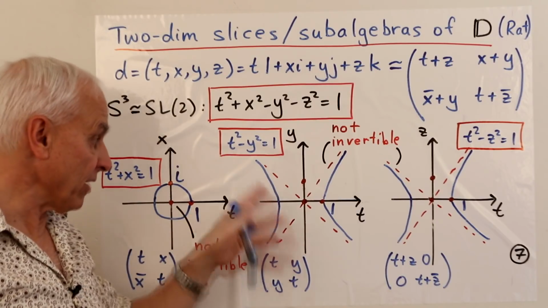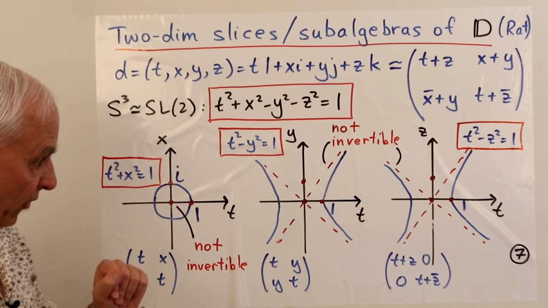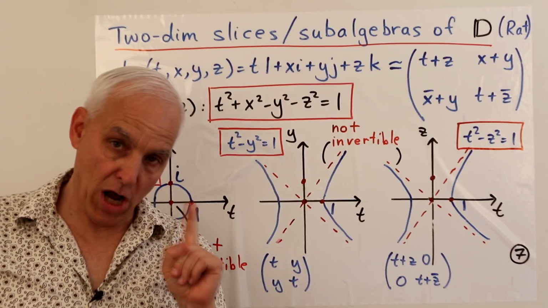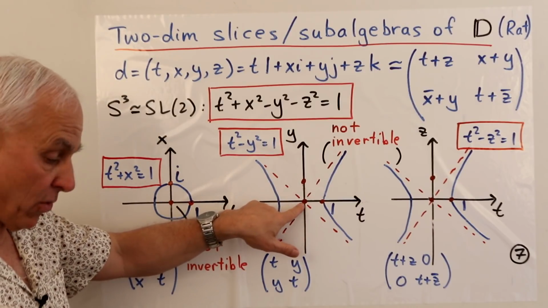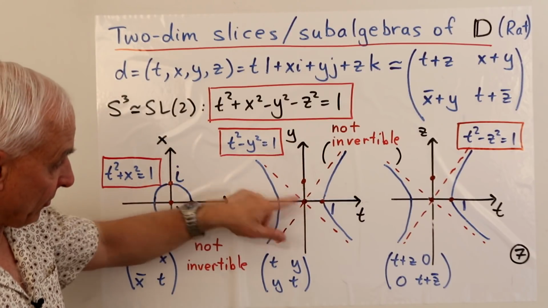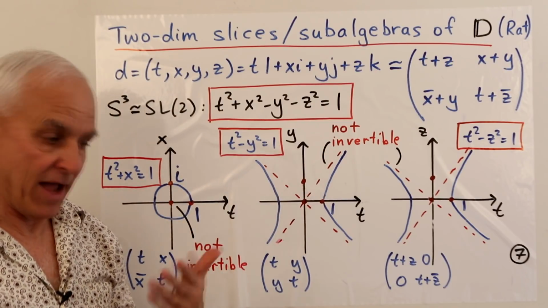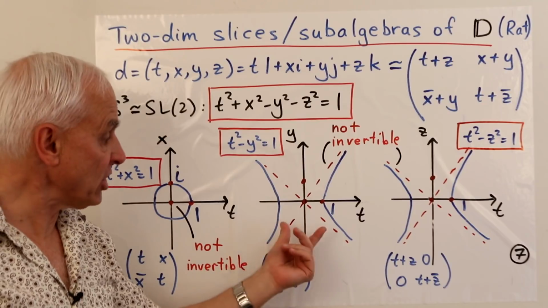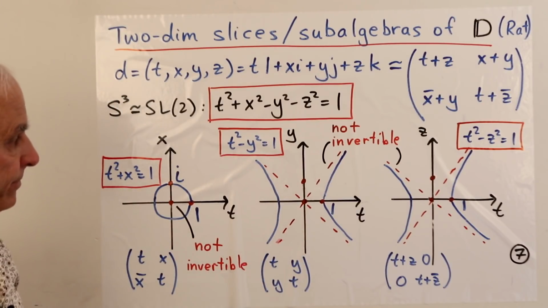It's got a quadratic form. There's the unit circle. But crucially, what it also has, it has more non-invertible elements. So the non-invertible elements include not just the origin, but also these asymptotes of the hyperbola. So that is an important point of distinction between this subalgebra and this subalgebra.